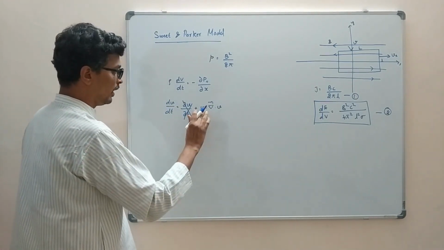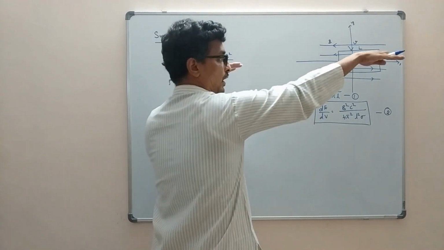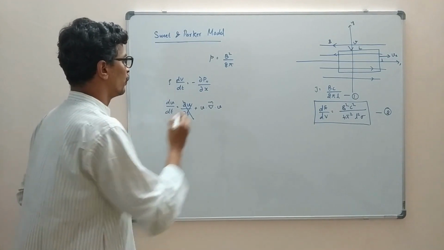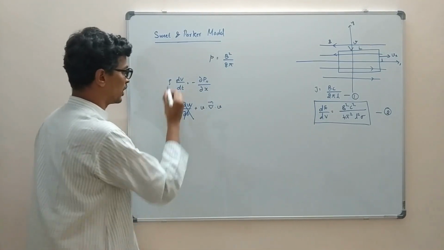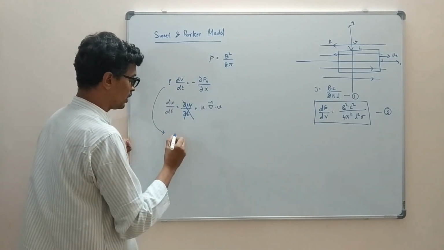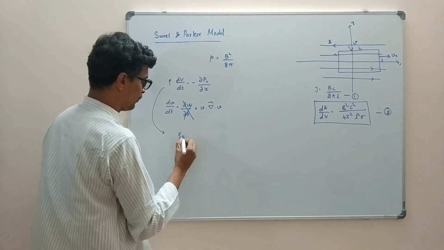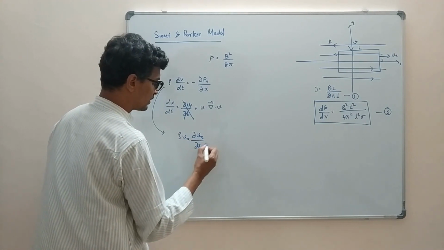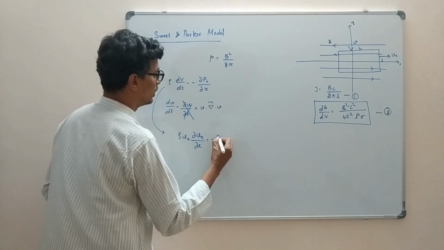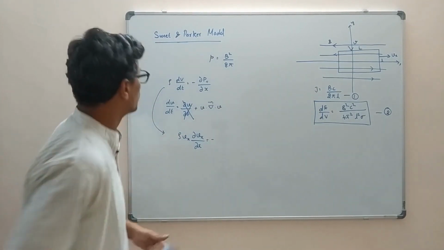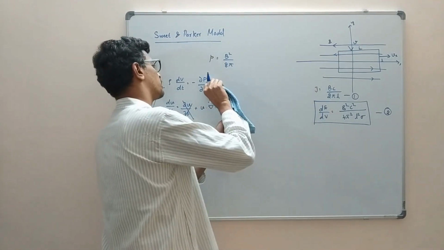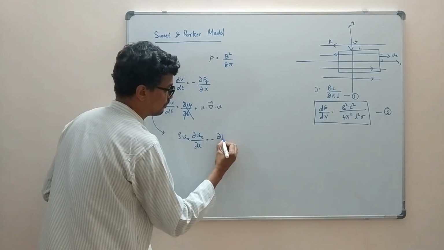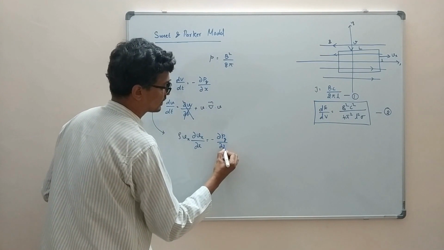And the velocity motion is only along the x-axis, so this all becomes derivative only in x. So this equation will become rho Vx del Vx by del x equal to minus del Pg by del x, where Pg is the gas pressure.